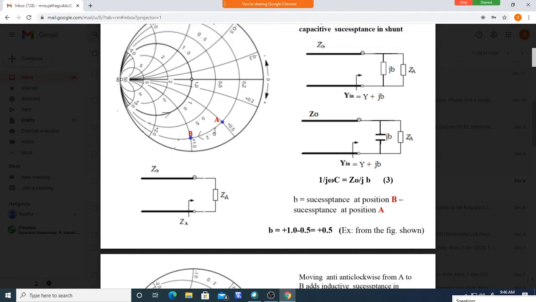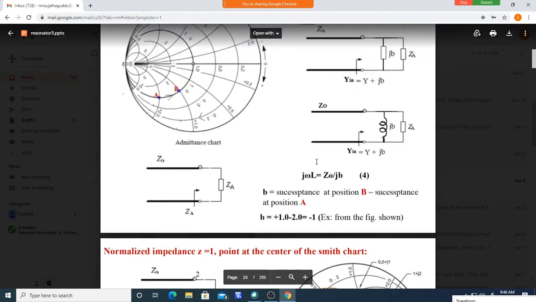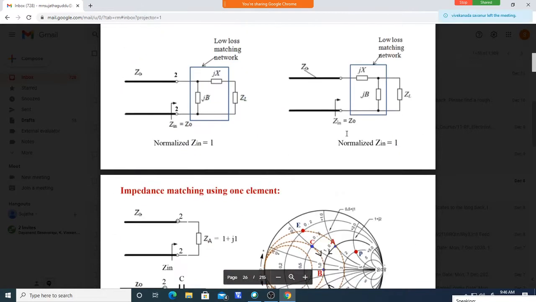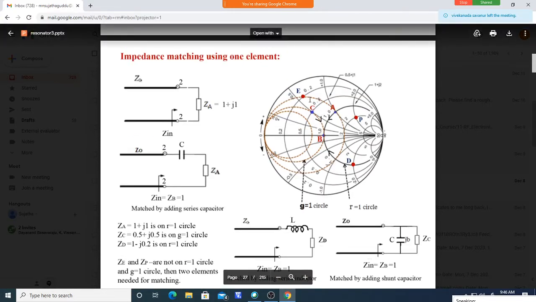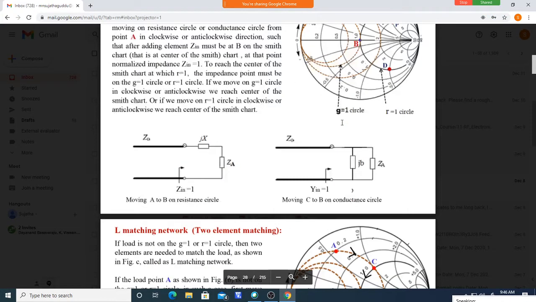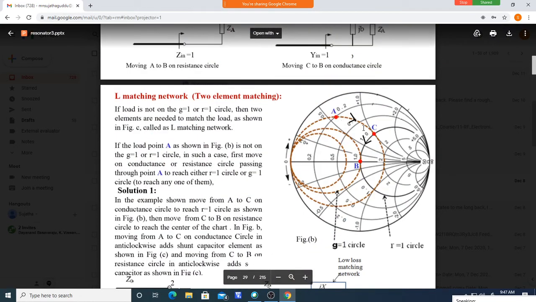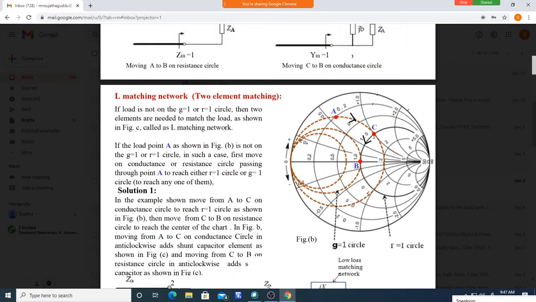On the conductance circle, you read the susceptance value like this for this problem. So you should use this equation here to get the value of the capacitor.